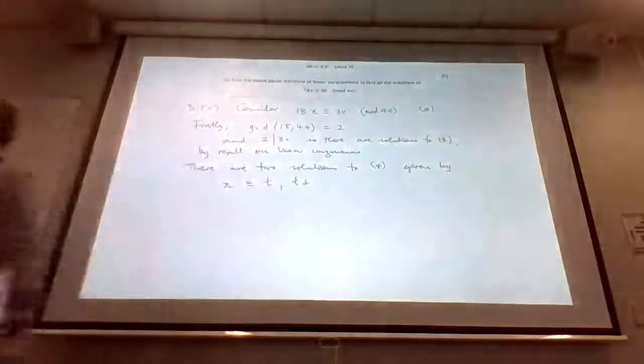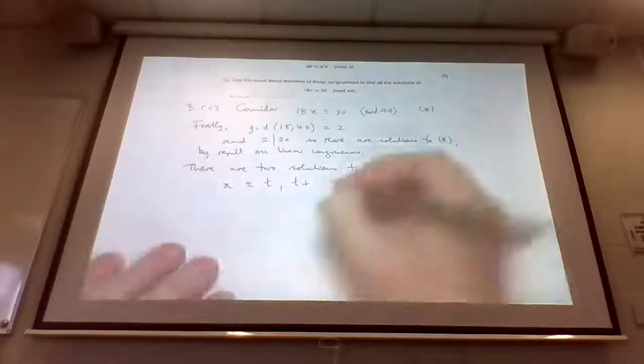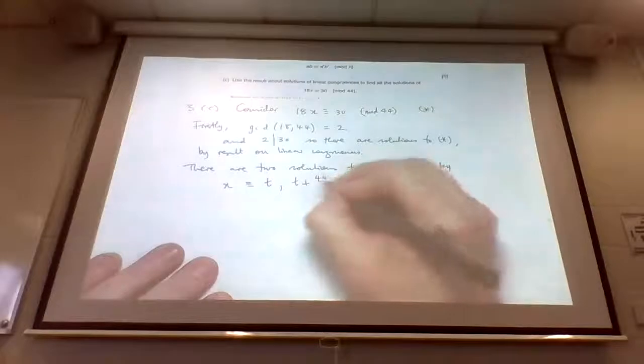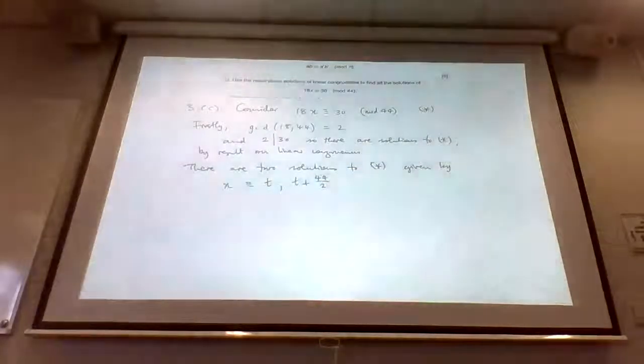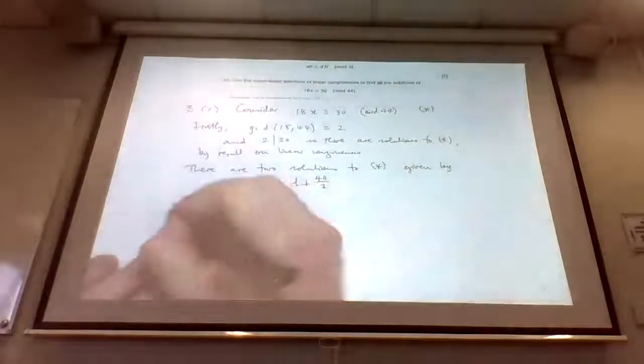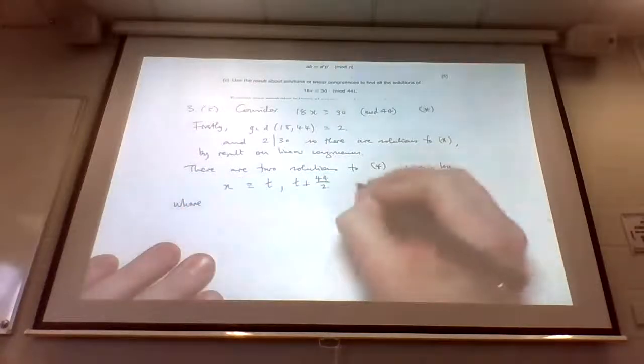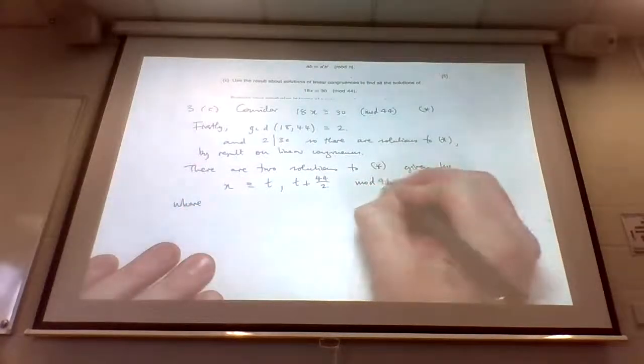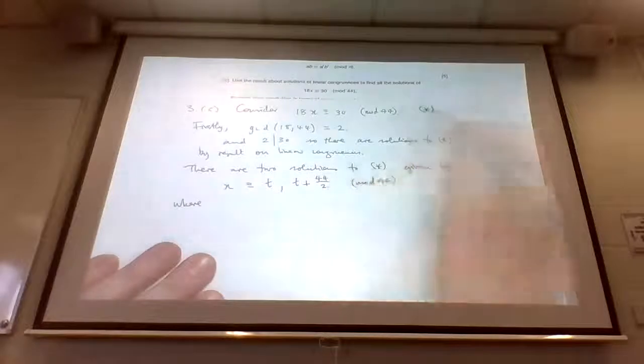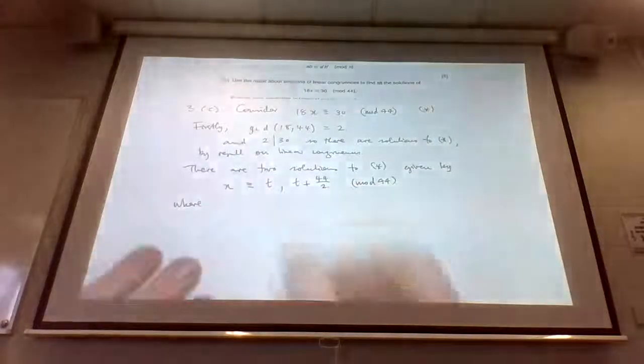So we're going to look at t plus 22, divided as 44 over 2, just to emphasize where it's coming from. These will be the solutions modulo 44, 2 solutions to the original congruence.